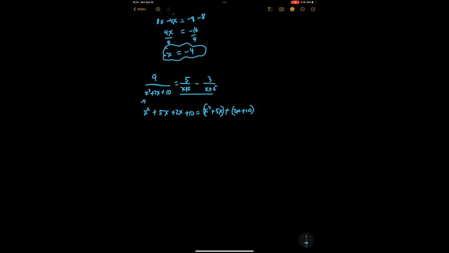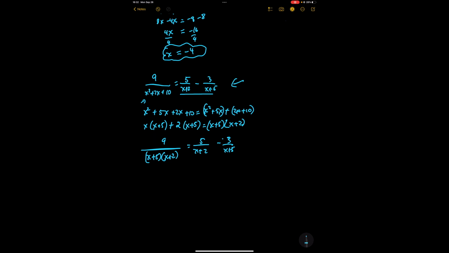So I can factor out the x, so I get x times x plus 5 plus, I'll factor out the 2 right here, so I get 2 times x plus 5. And so I have x plus 5 times x plus 2. So that means we can rewrite this whole equation as 9 over x plus 5, x plus 2 equal to 5 over x plus 2 minus 3 over x plus 5.